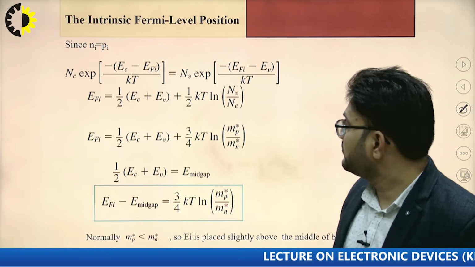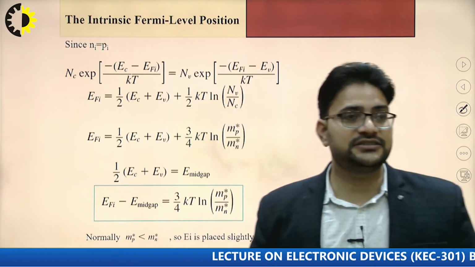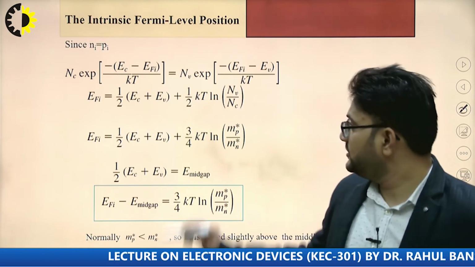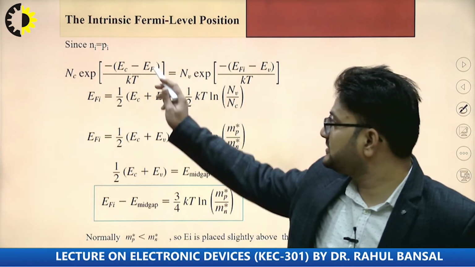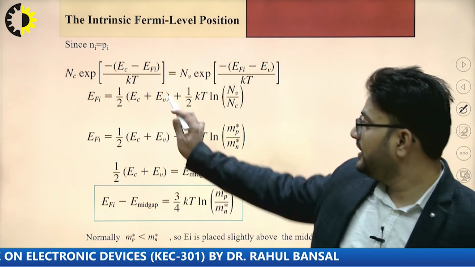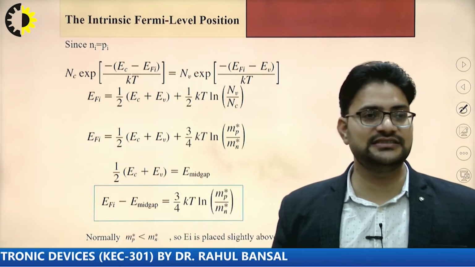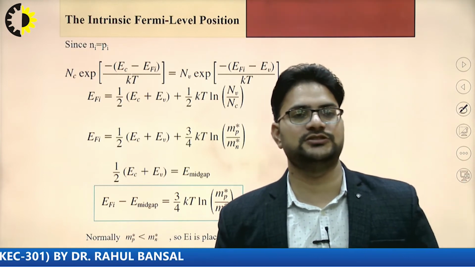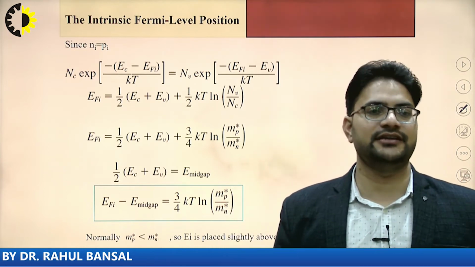Now if I talk about the intrinsic Fermi level position, in the intrinsic Fermi level position, this n will be equal to p, or you can say Nc exponential of minus Ec minus Efi divided by kT will be equal to Nv exponential of Efi minus Ev divided by kT.